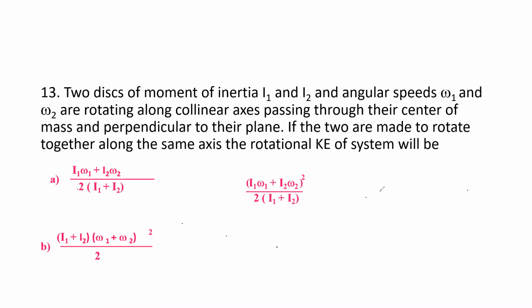If the two are made to rotate together along the same axis of rotation, the kinetic energy of the system will be? So we need to calculate the kinetic energy of the system by the law of conservation of angular momentum.